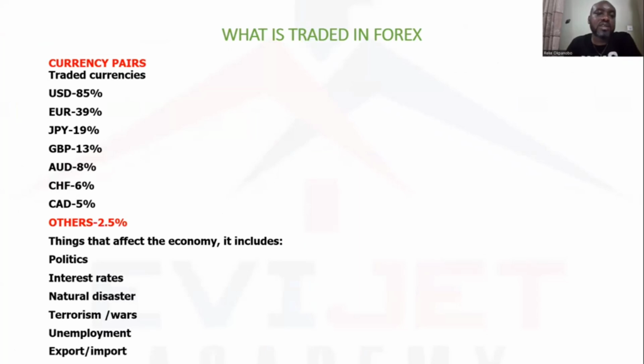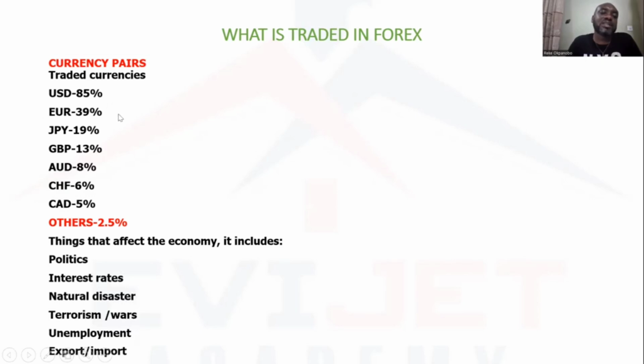Okay, so currency pairs. When you look at the combination of these currencies, the most traded is the USD, because the USD is the world reserve currency. It's paired with almost every currency. Every currency is paired with the USD. So 85% of the trades that happen in the Forex market are paired with USD.